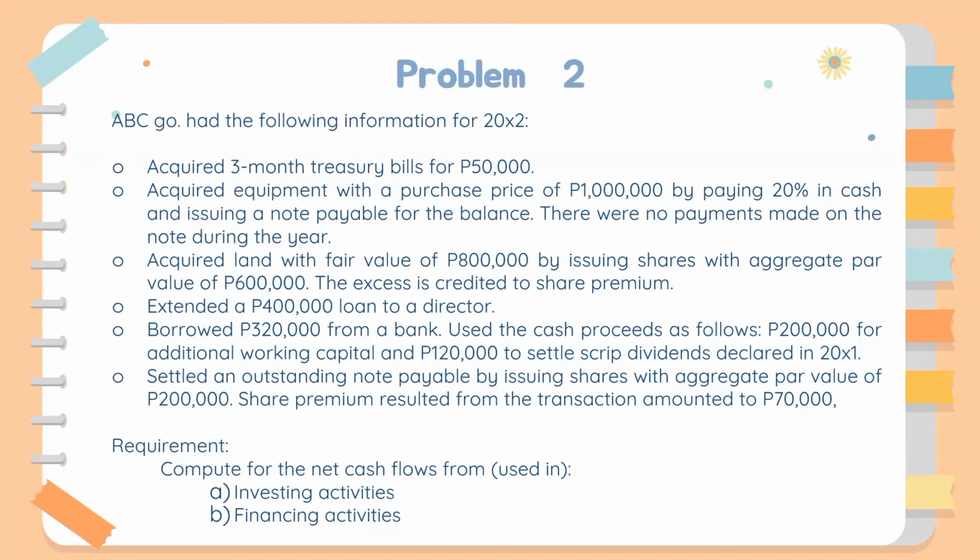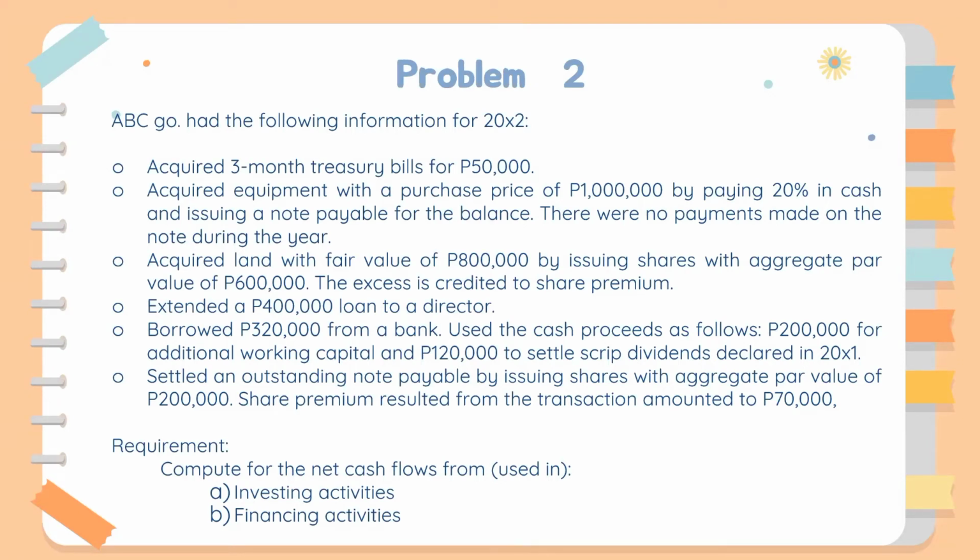Borrowed 320,000 from a bank. Used the cash proceeds as follows: 200,000 for additional working capital and 120,000 to settle scrip dividends declared in 20x1, and settled an existing note payable by issuing shares with aggregate par value of 200,000.